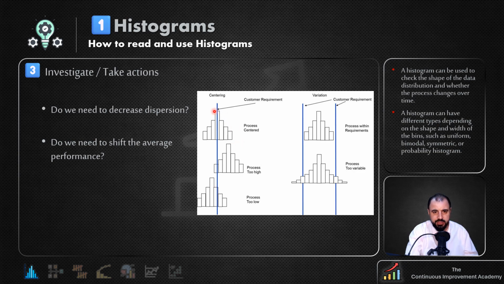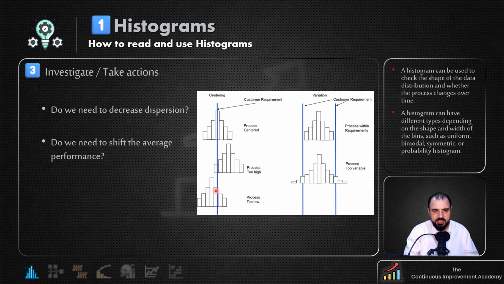target value, okay. Here we have the process is too high, which means that our average performance is way higher than the target value. And if we have this shape, to the left of the target value, it means that our average performance is too low versus the customer requirements.